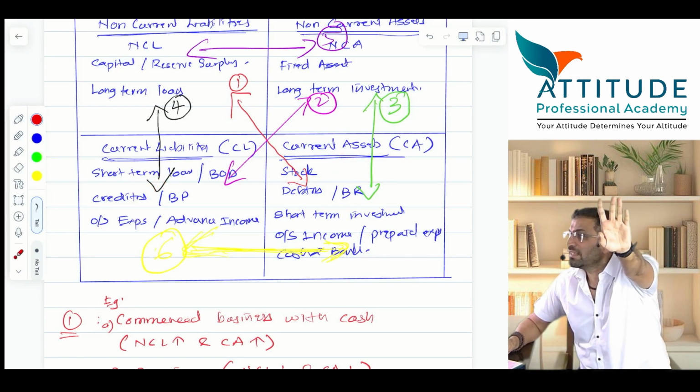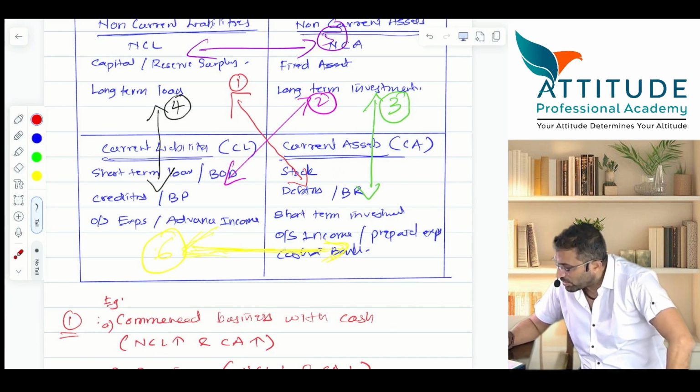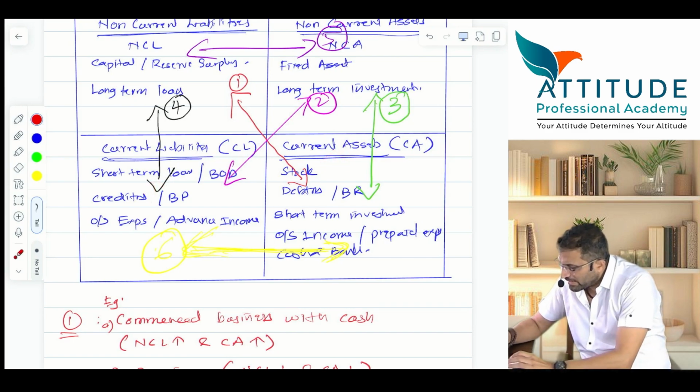Clear? Stock increases, creditors also increase. Next.